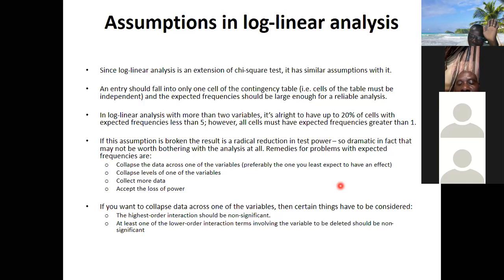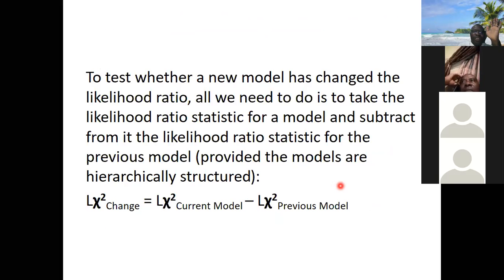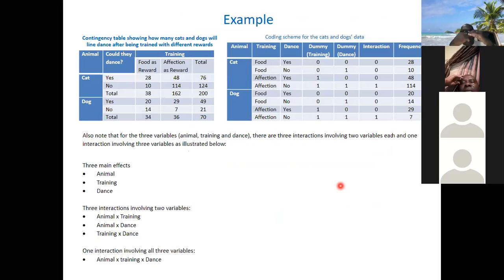The level of interaction I discussed the other time here, the highest order is animal times training times dance. That's the highest order interaction of the 3. If let's say there are 4 variables now, interaction of the 4. If you have 4 variables, you're going to have many levels.